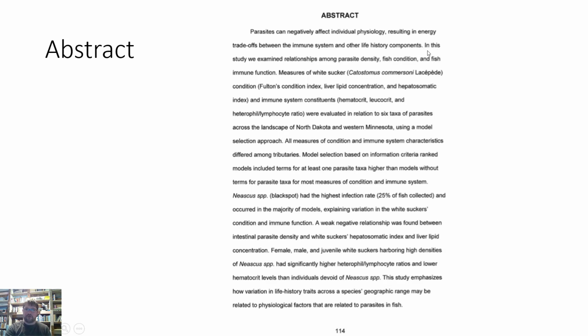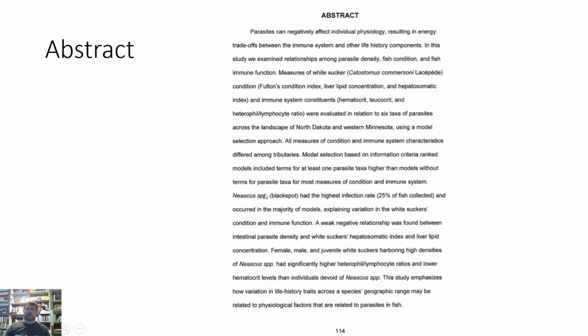So in this case, it then says, in this study, we examined relationship among parasite density, fish condition, fish immune function. Okay, so now you're telling them what you did. Okay, and then you're telling them how you did it. So kind of methods of how you've done it. Okay, once you get down in there, after you've done the methods, then you start getting into your results.